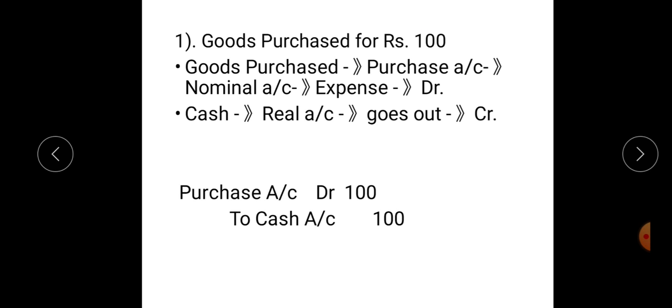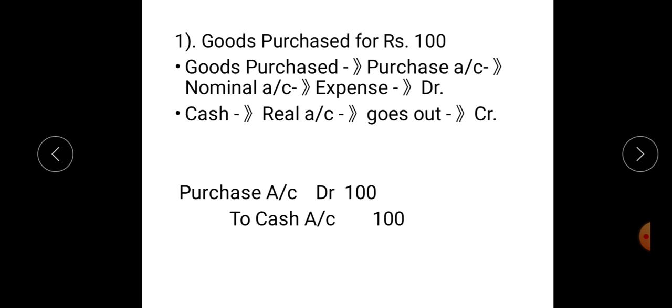Now, students, cash is money and money is our asset. I hope you remember the definition of asset. Generally, materials and things are considered real accounts, so cash will be treated as a real account. Now, remember the rule of real account?